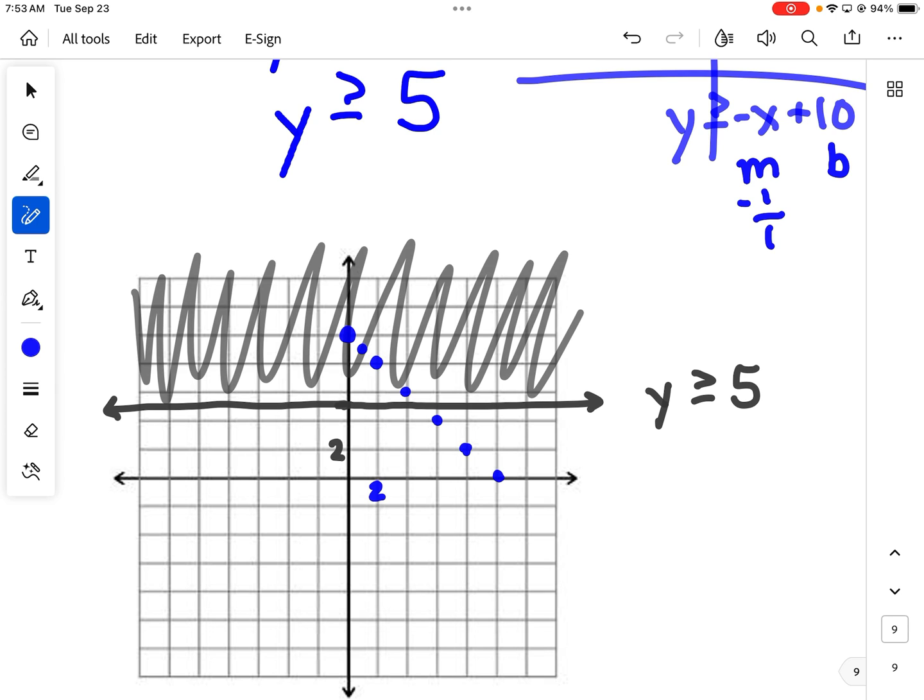So we can just go down 1, right 1. We're going by 2's, so I'm really going down 2, right 2. Okay, this one does say greater than or equal to, so we are going to draw a solid line.